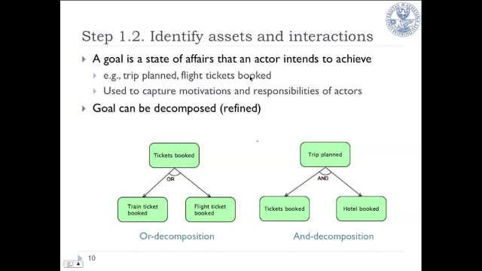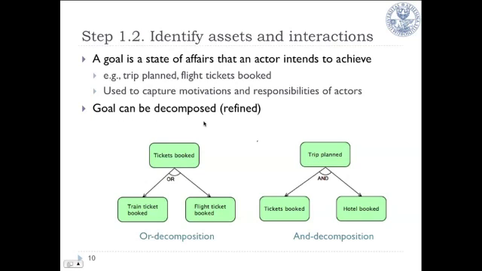So a goal is mainly referred to as a state of affairs that an actor intends to achieve. So for instance, examples of goals include trip planned or having flight tickets booked and so on. So they're used to capture the motivations as well as the responsibilities of actors.